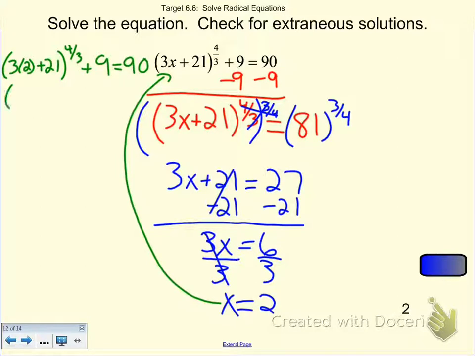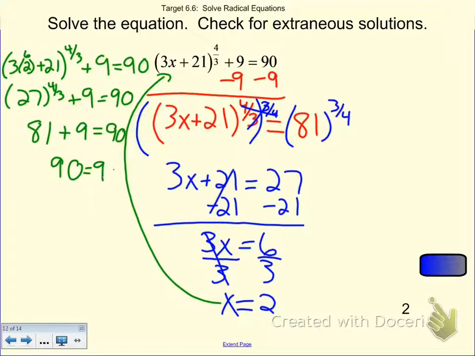So 3 times 2 is 6. 6 plus 21 is 27 to the 4/3 plus 9 equals 90. 27 to the 4/3, that's the cubed root of 27, which is 3. 3 to the 4th power is 81. 81 plus 9 equals 90. Does 90 equal 90? Yes, it does. So that means x equals 2.